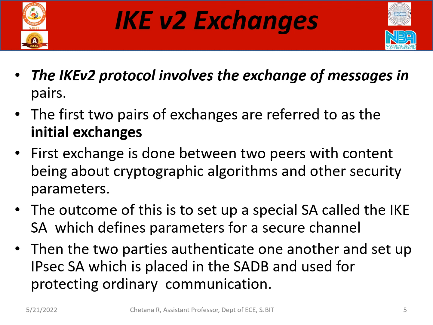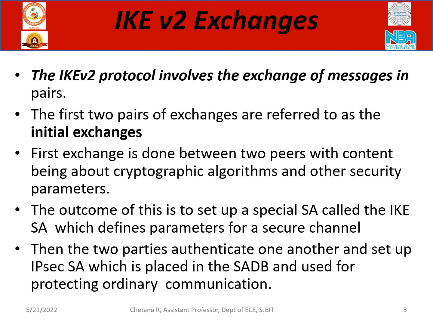Then the two parties authenticate one another and set up an IP security association, which is placed in the SADB and used for protecting ordinary communication. So by doing so, the two parties are authenticated by one another, and they set up the IPsec security association.